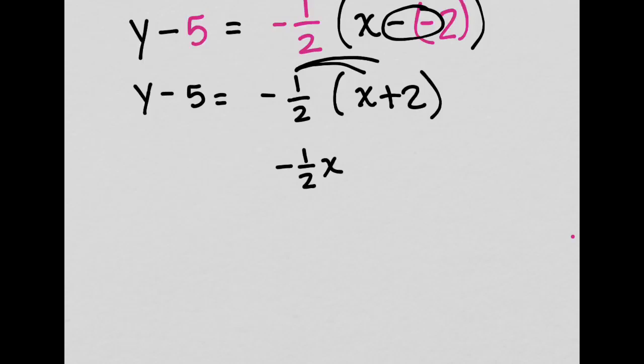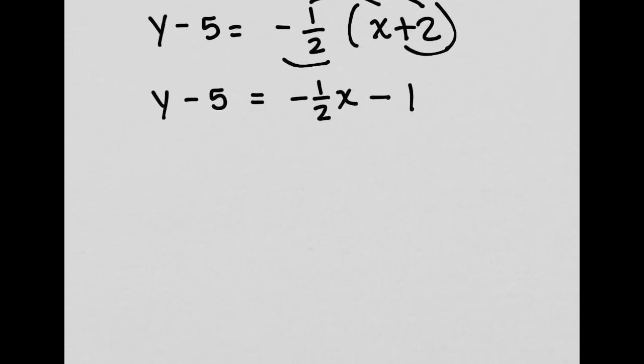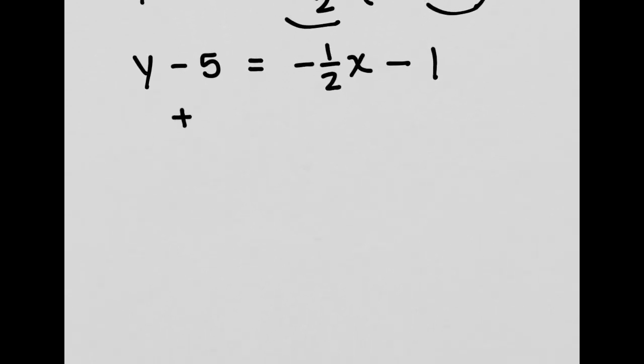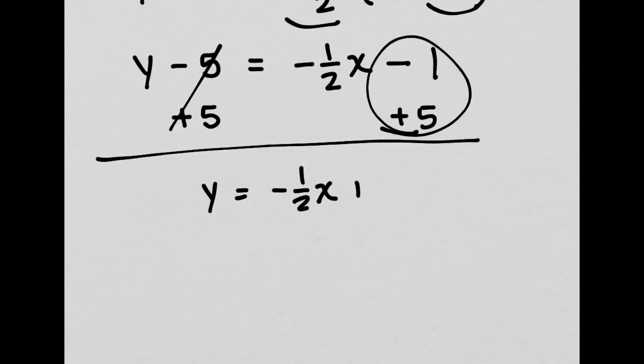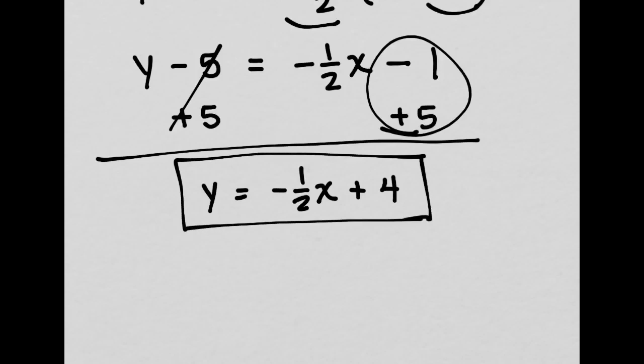And then negative times a positive is negative, and 1/2 times 2 is 1. And then I'm going to add 5 to both sides. So y equals negative 1/2 x plus 4.